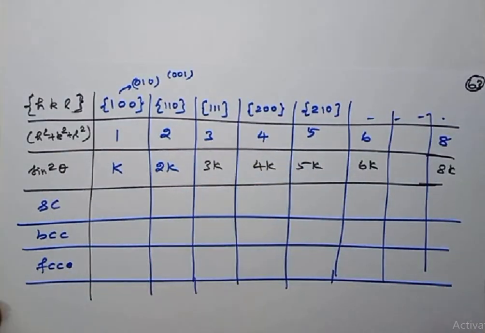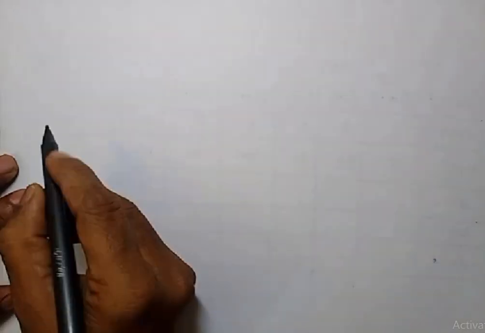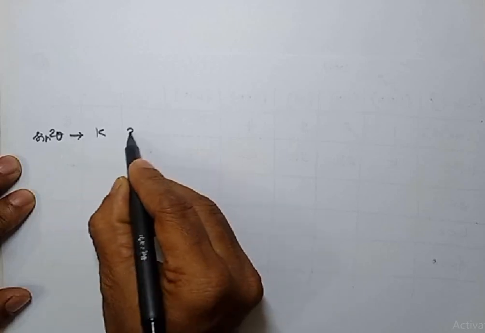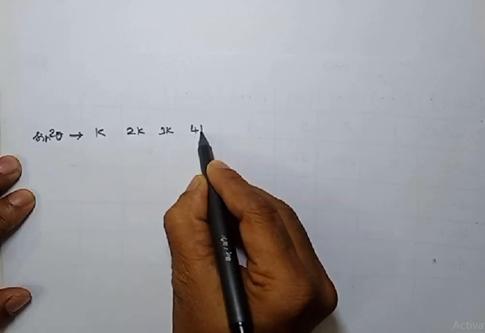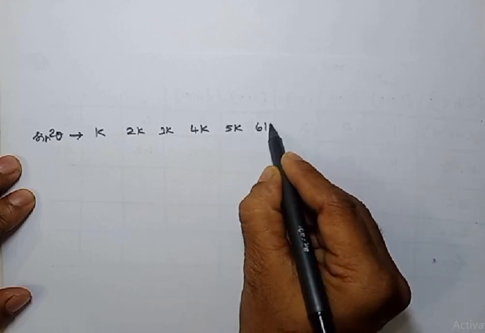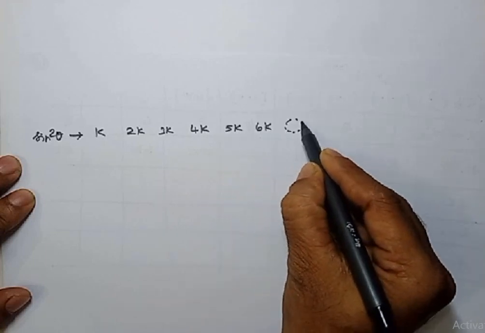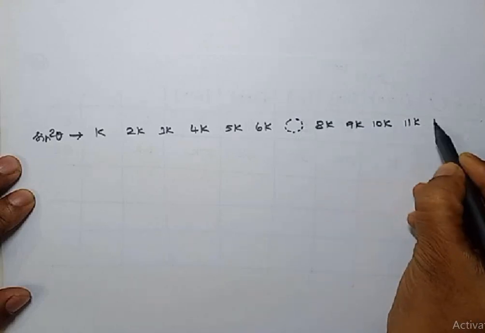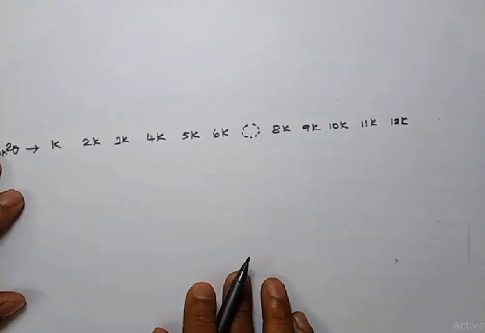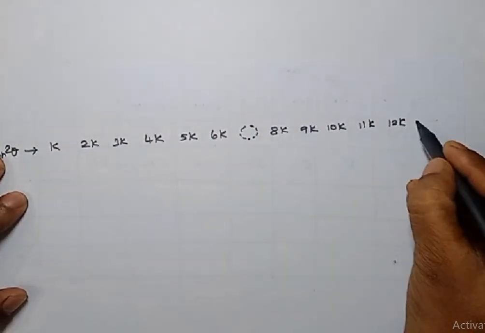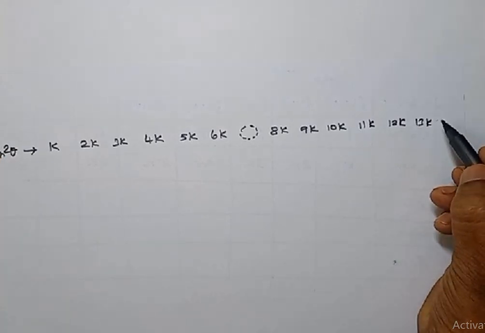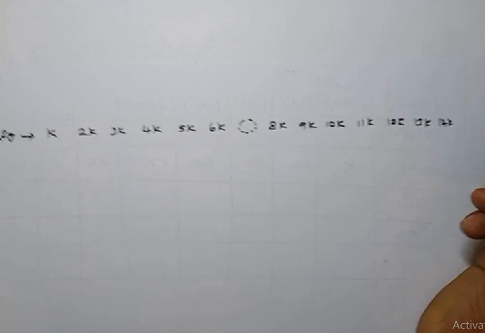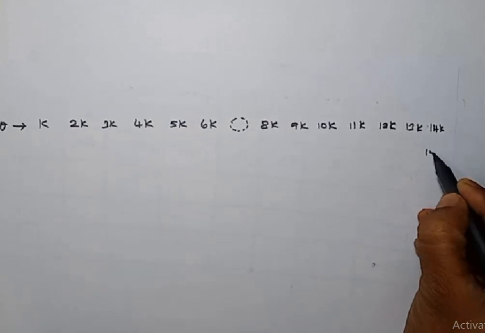Let me write that on the next page. I'll just show you the sine square theta alone. Sine square theta possible values: 1K, 2K, 3K, 4K, 5K, 6K, 7K is not possible, then 8K, 9K, 10K, 11K, 12K, 13K, then we have 14K, and then 15K.